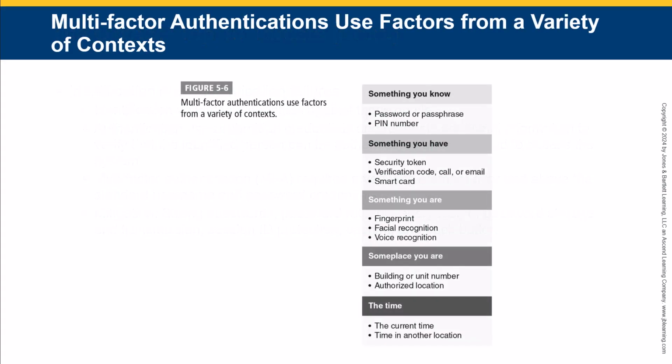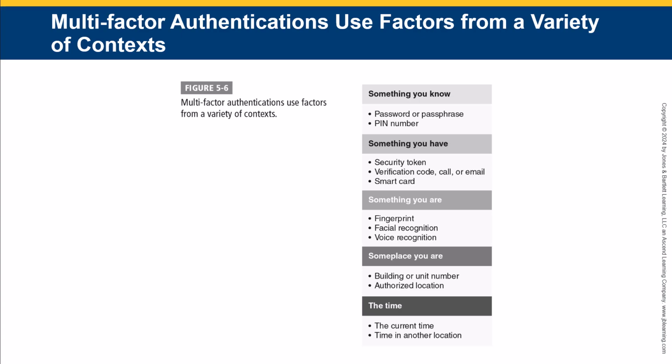So when we're talking multi-factor, it's normally something you know, like a PIN, password, something you have, a card, a token, a phone, something you are, fingerprint, voice, facial recognition, voice recognition. Sometimes you can add a fourth, but normally these are the top three.